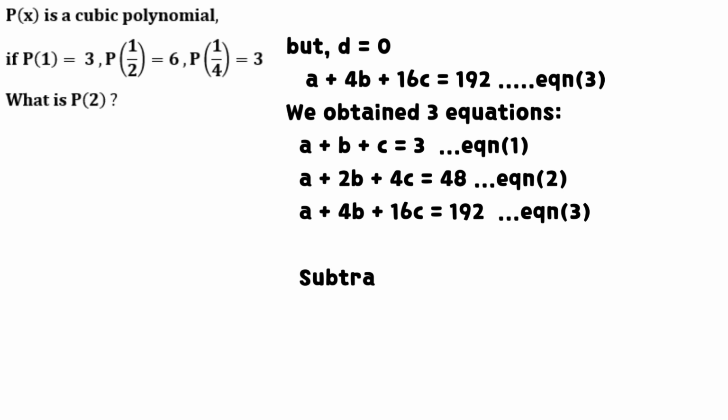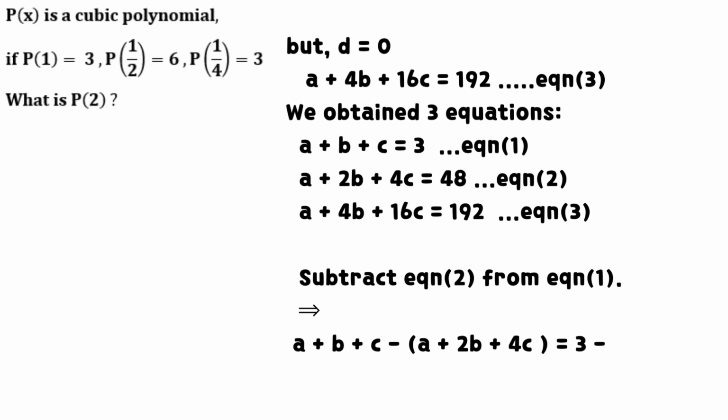We obtained 3 equations, as shown on the screen. Subtract equation 2 from equation 1. This implies that the sum of a, b, and c, minus, in brackets, the sum of a, 2 times b, and 4 times c, equals 3 minus 48, which equals negative 45.